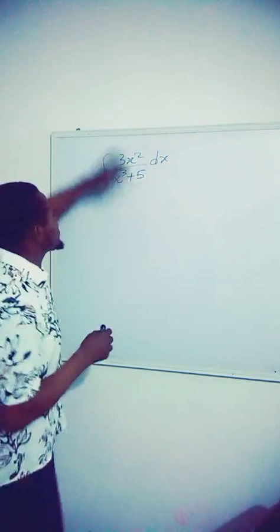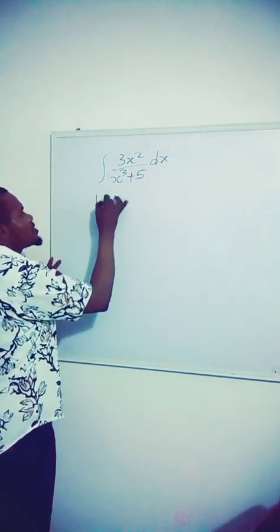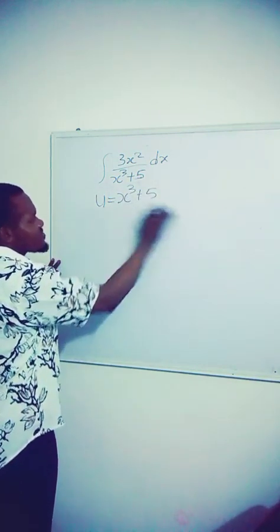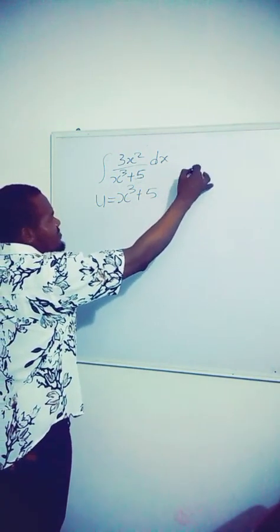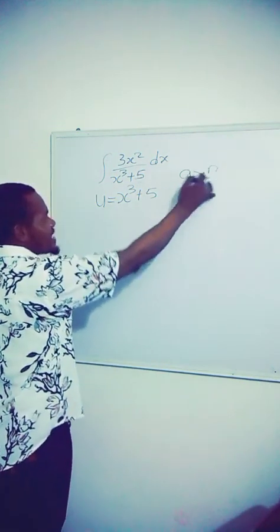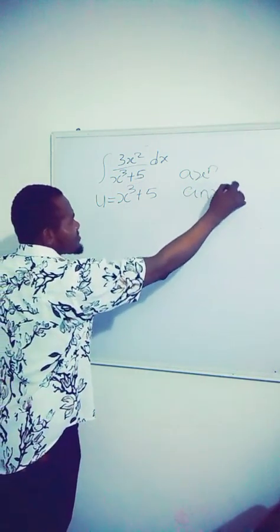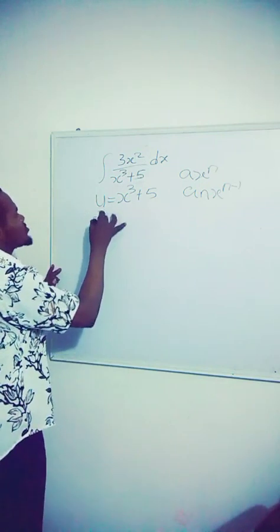So if the complex expression here is this, I will say u equals s cubed plus 5. If you differentiate this, don't forget our basic differentiation: if you have x to the power n, the derivative is n times x raised to the power n minus 1. That is everything we are doing here.